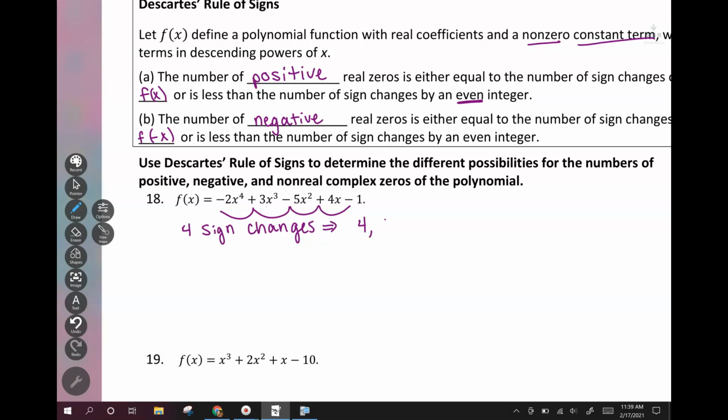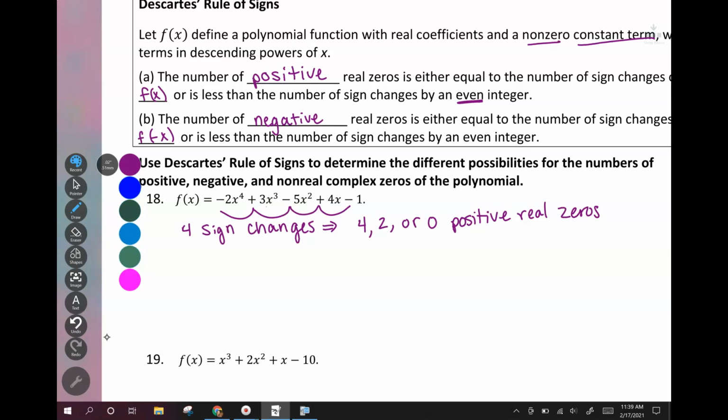So 4, skip the odd integers, so 4, 2, or 0 positive real zeros. And that's how that works. There could be 4 positive real zeros, 2 positive real zeros, or 0 positive real zeros.